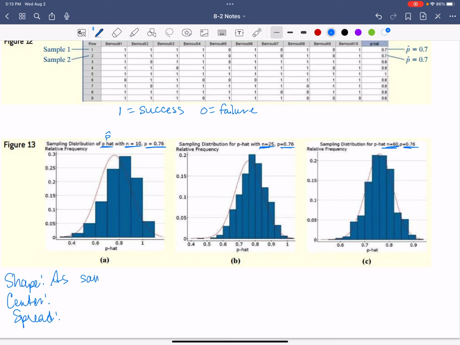As the sample size increases, the shape becomes normal. Nice. What about the center? What do you see is happening here? Look at these numbers. Right?